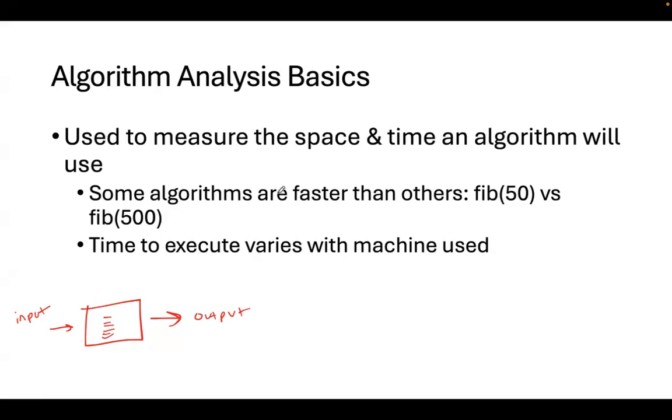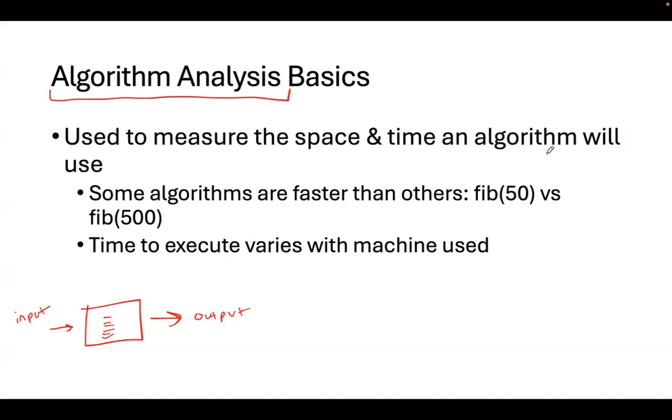So with that of what is an algorithm, we need some way to keep track of how good of a job it's doing. And so with that, we use something called algorithm analysis. If you go on to take 374, we'll go into this in more detail. But algorithm analysis, we use it in order to measure the space and time that an algorithm is going to use.